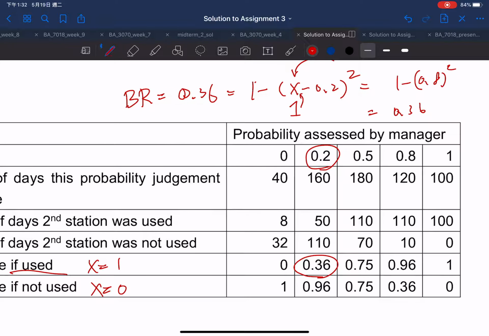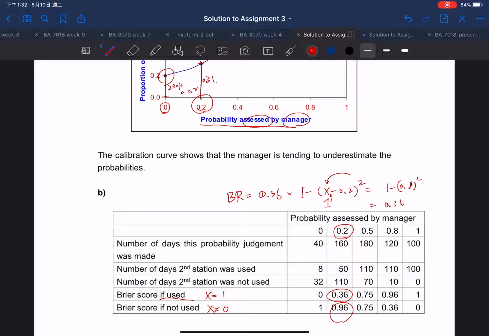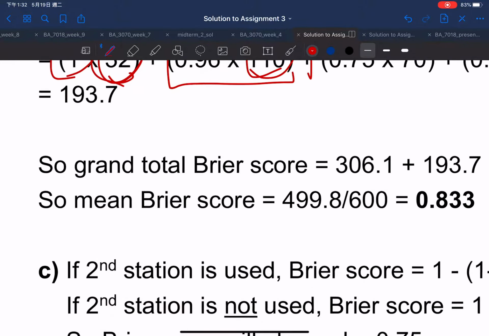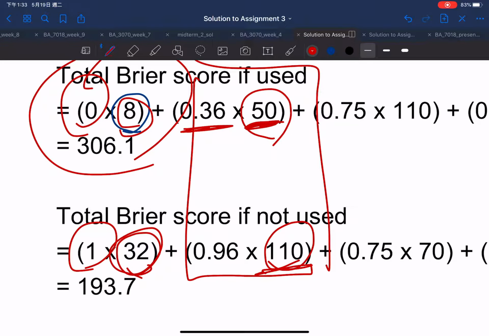Okay? Similarly, you simply replace that X with 0, you will get 0.96. So out of 160 days, there were 50 days where the Brier score was 0.36, and there were 110 days the Brier score was 0.96.